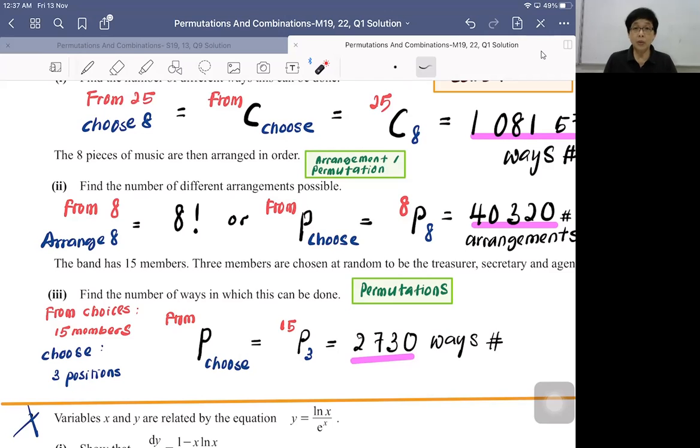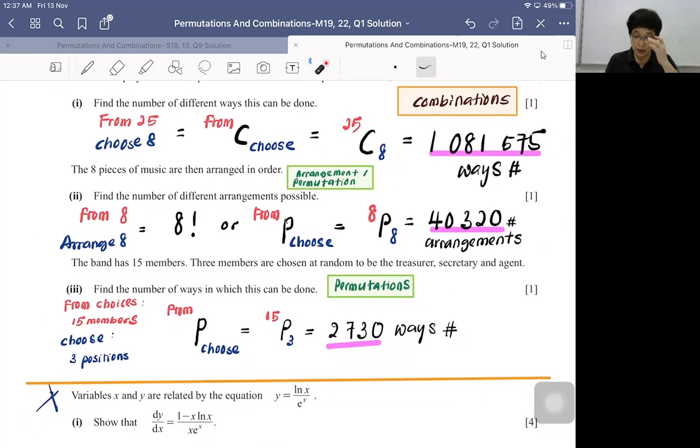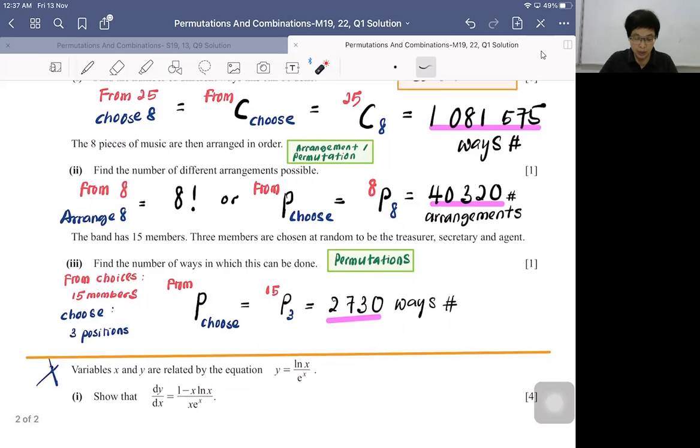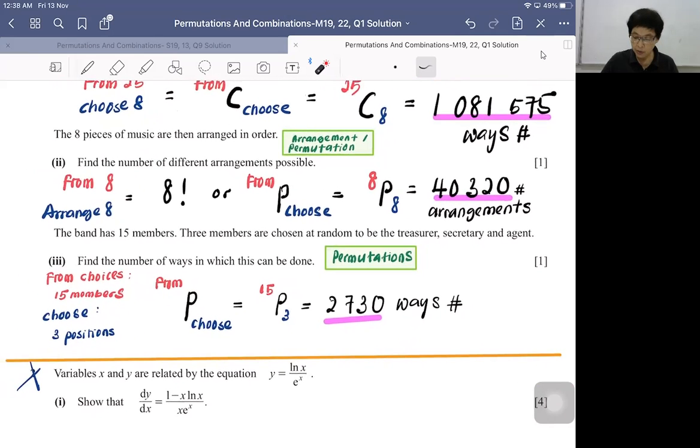Yes, and you will notice from 8 choices, each time they can choose 8 music all together. And when you punch the calculator, either you key in 8 factorial or you key in 8P8, both times you obtain the result as 40,320 arrangements.